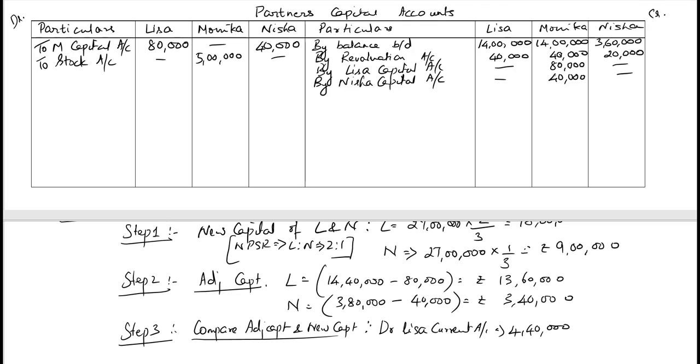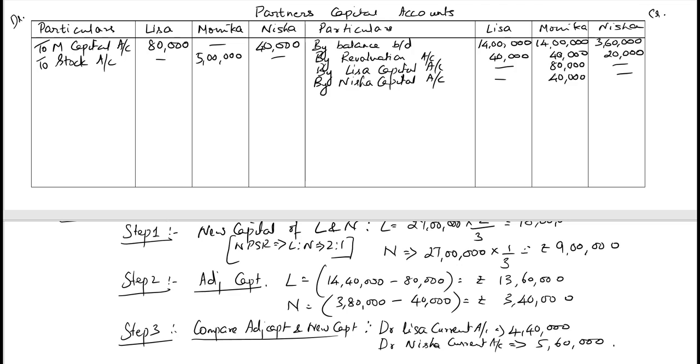And in the case of Nisha, the adjusted capital is 3,40,000, whereas the new capital is 9 lakh. Again, we need to debit Nisha's current account with the amount of the difference, which is 9 lakh minus 3,40,000, which is rupees 5,60,000.